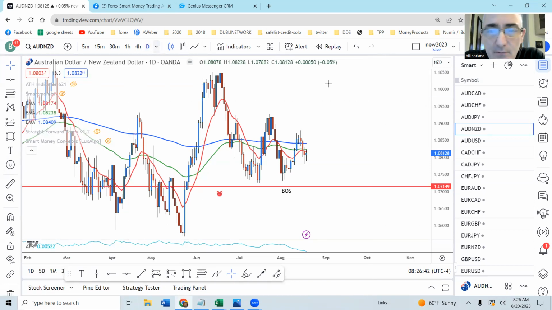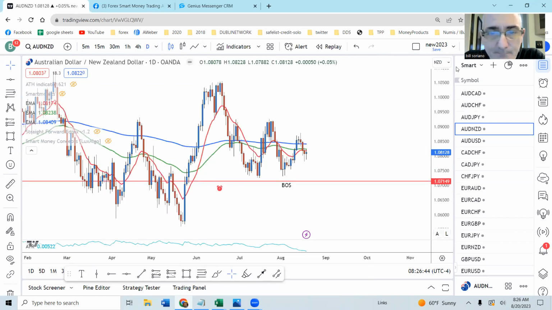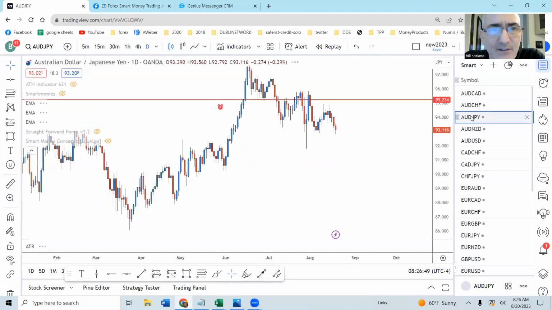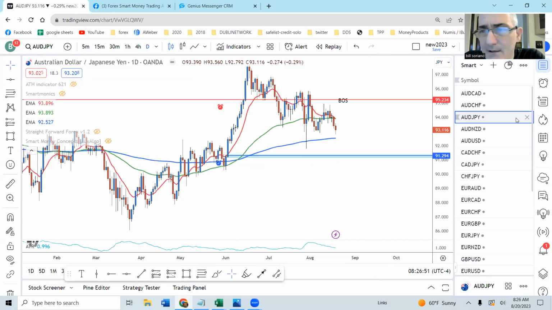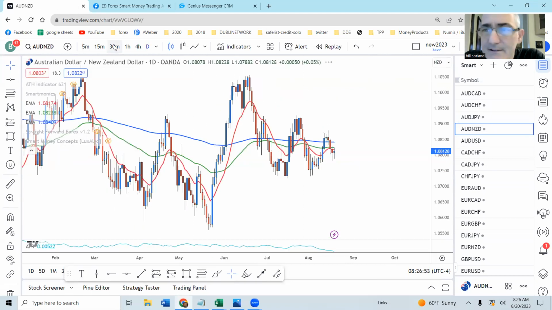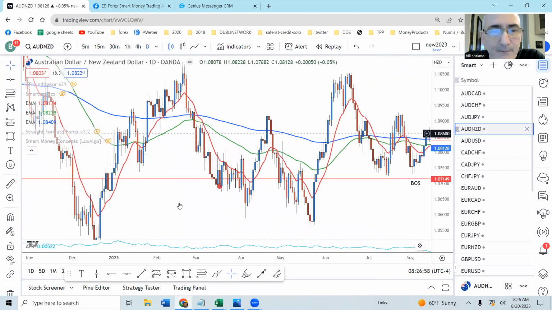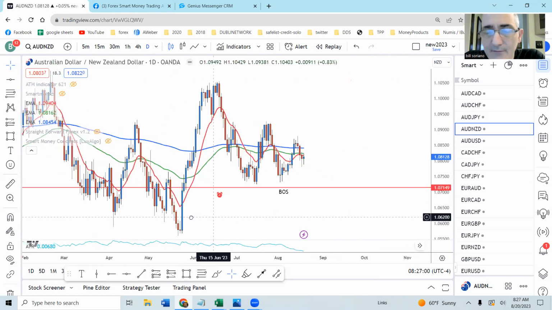So anyway, let's look at the daily chart here. Wait, let me go back to AUDJPY. Did I? Okay, yeah, I was in the right place. Okay. This is AUDNZD. So on the daily chart, it's a little bit harder to identify the trend here.